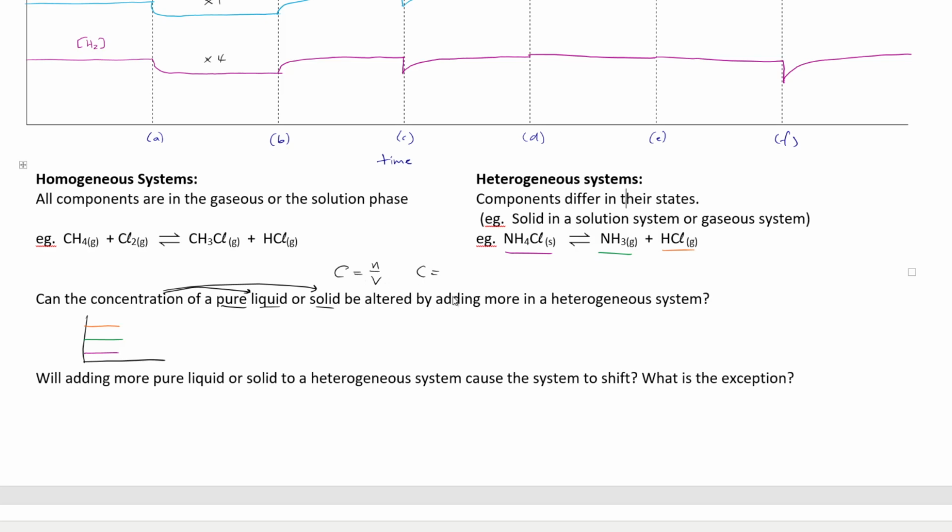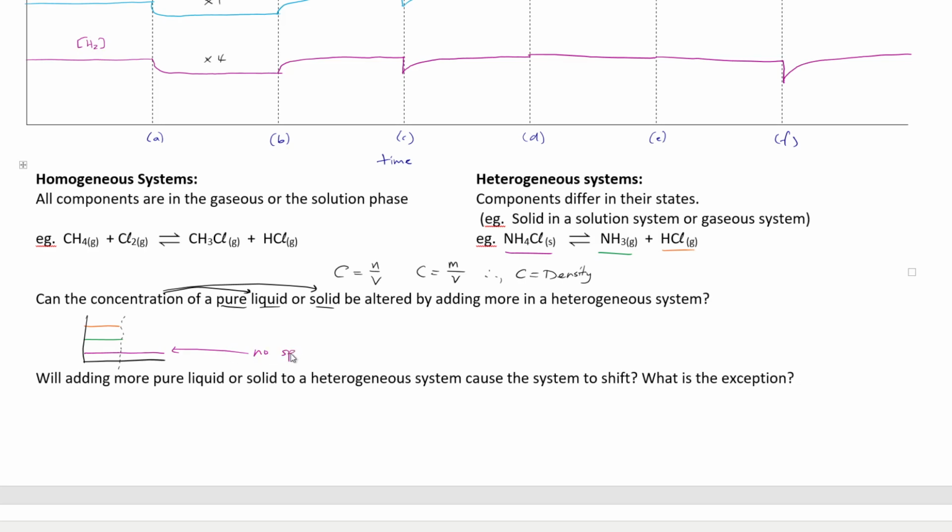Moles can be converted to mass using molar mass, so concentration is actually just mass over volume, which is density. So even though you add more pure liquid or solid, for example NH4Cl, it will not spike up, because density stays constant.